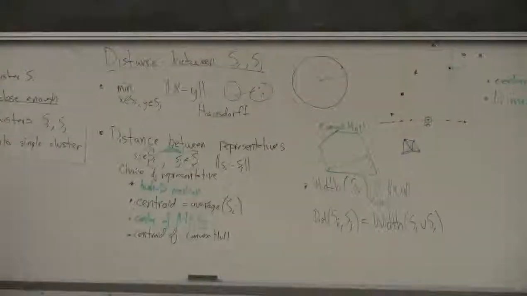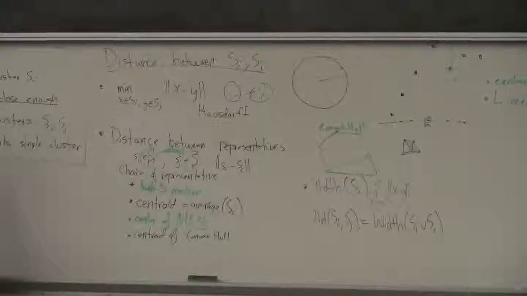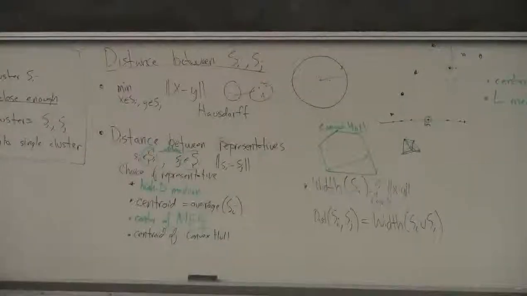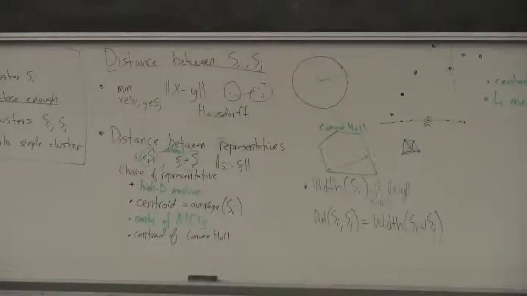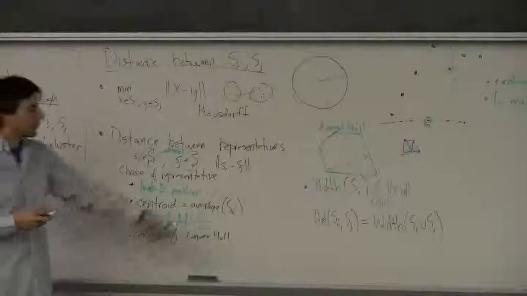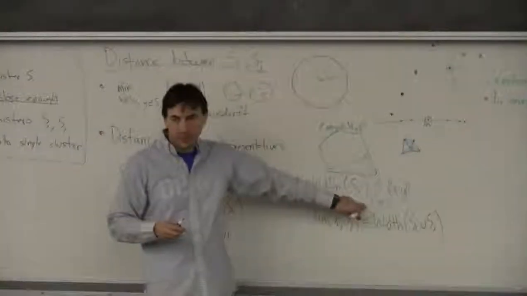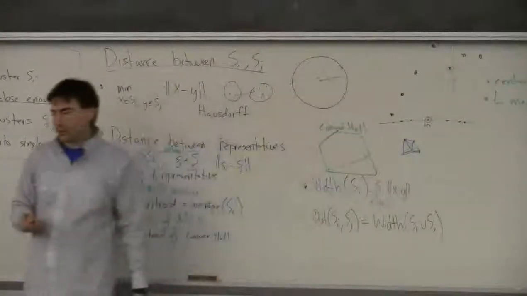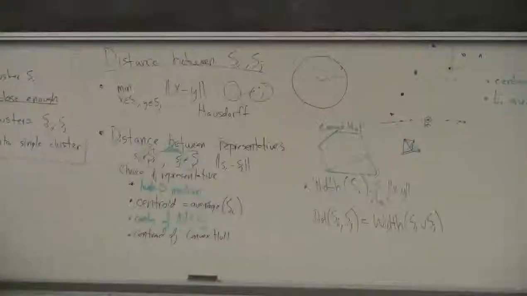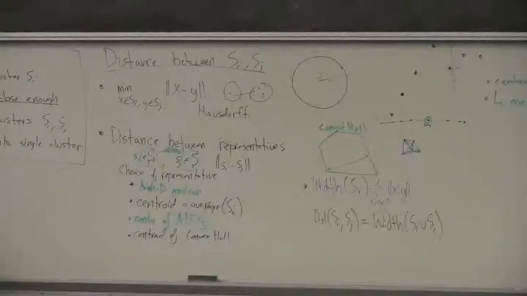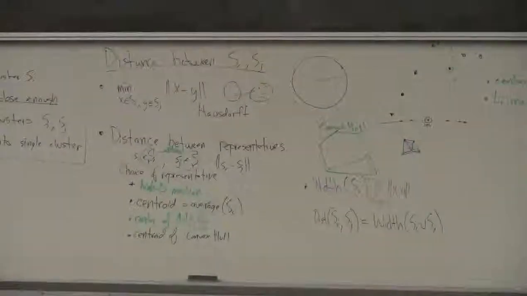So there are other notions of width. This could be the radius of the minimum enclosing ball. Let's see, anything else I wanted to mention?